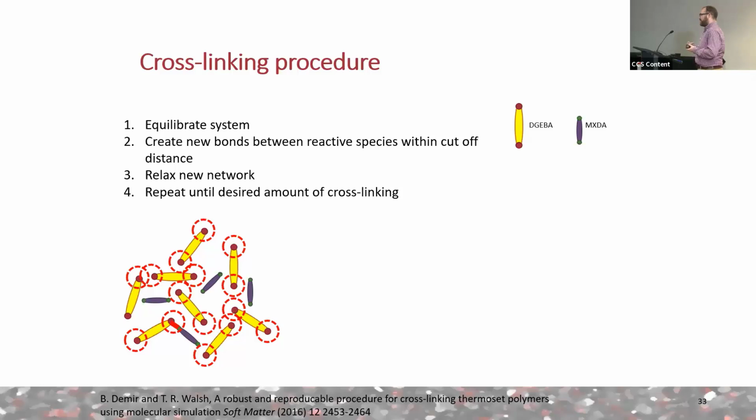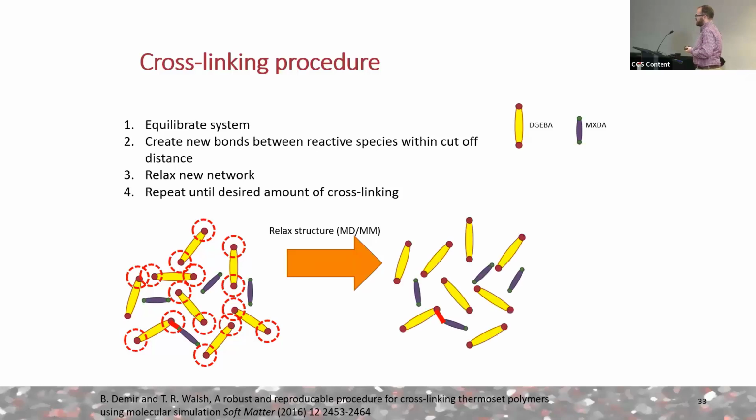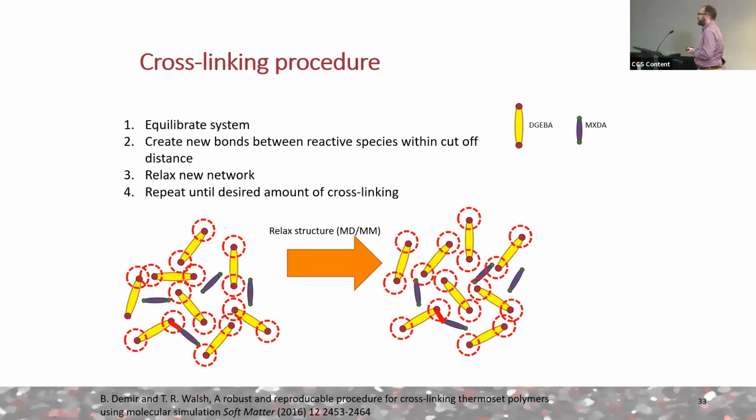This bond is very high energy, so I have to run the system for a bit to relax it in a multi-step process. I then run another short molecular dynamics simulation to move everything around, so it looks like this. We've got our new bond still, and I essentially do the same. I look around all the DGEBA reactive sites, see if there are any MXDA reactive sites that haven't reacted yet, here and here, form new bonds, and so on, until I reach the desired amount of cross-linking in my system.